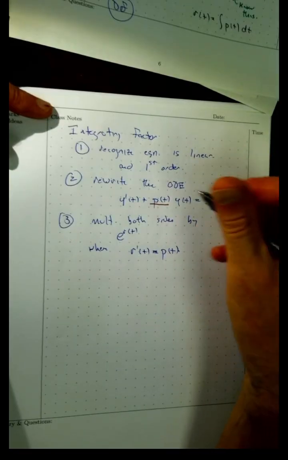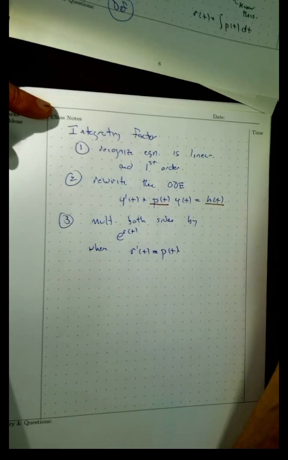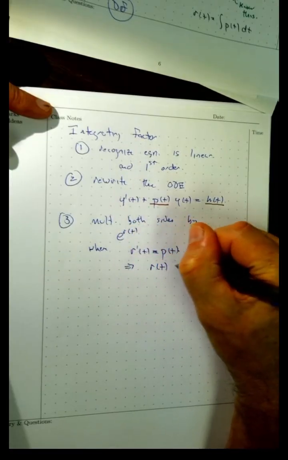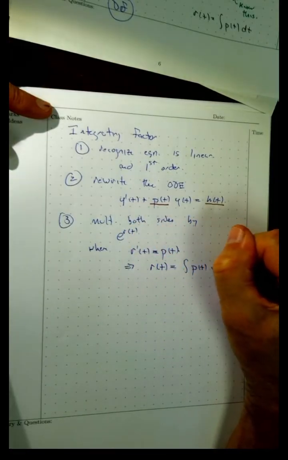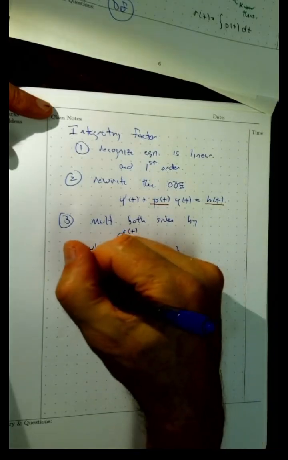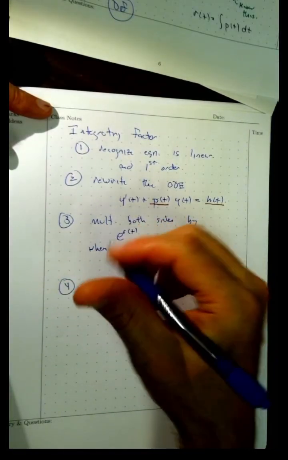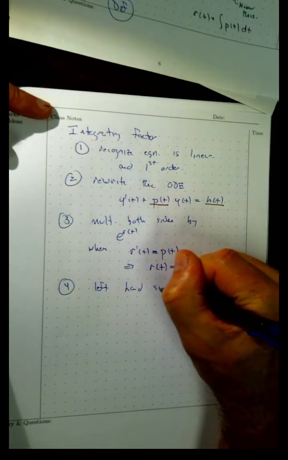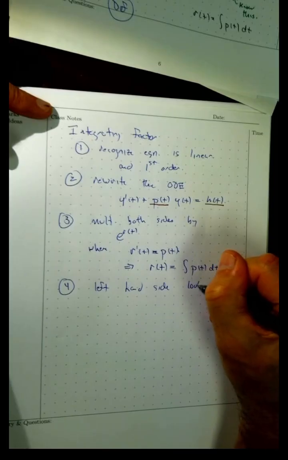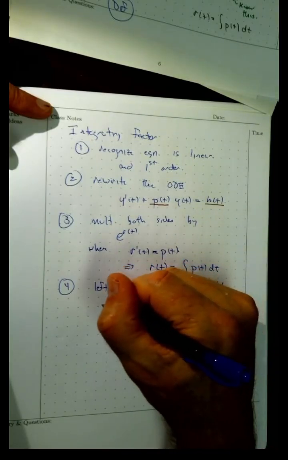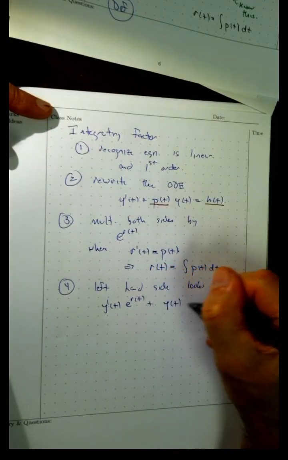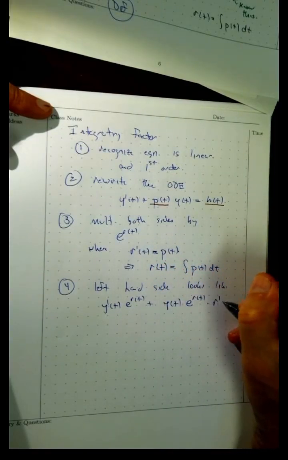And I know in advance that I'm going to be able to do the product rule backwards to make things work. So what does this say? This says that r of t is the antiderivative of p of t. Once I've done that, I know that the left-hand side is going to look like y prime of t times e to the r plus y of t e to the r times r prime of t.